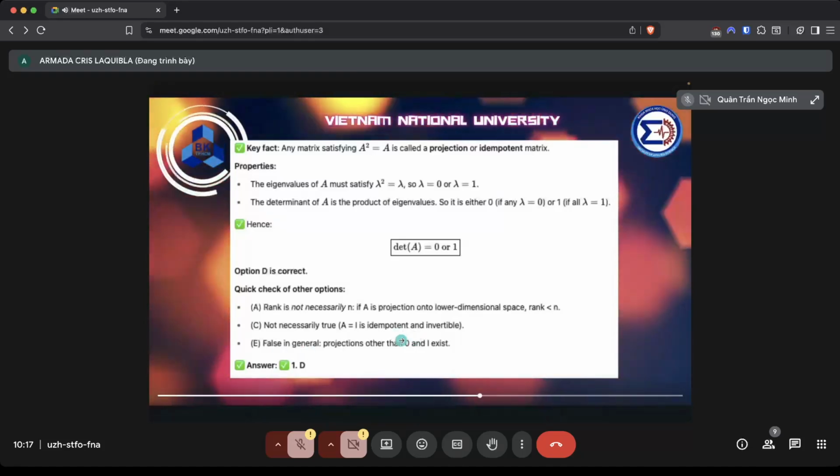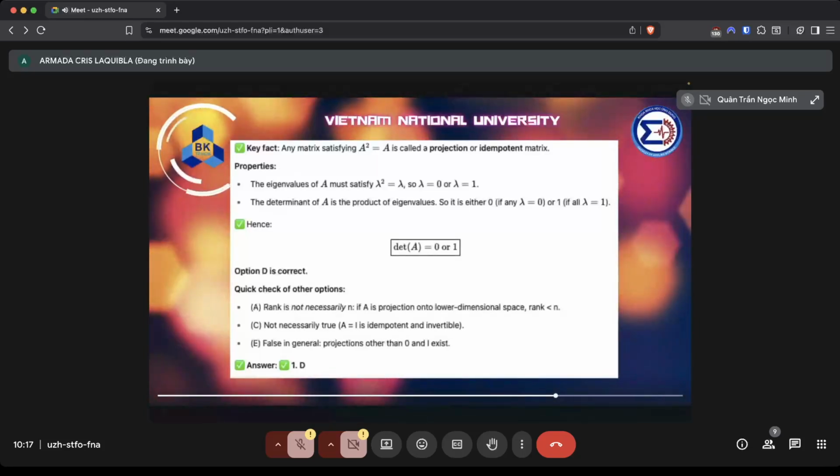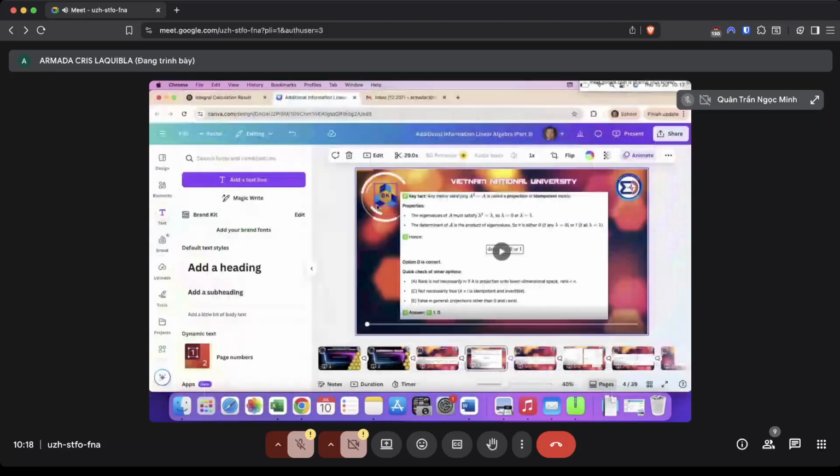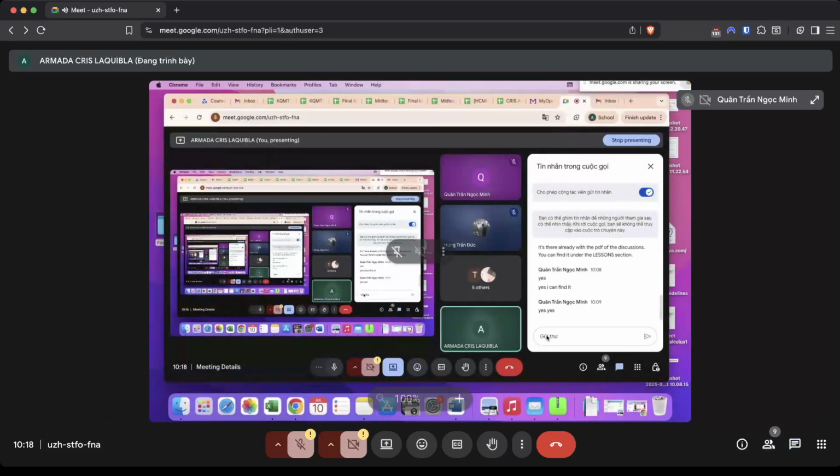Next, false in general. By the way, what is the inverse of the identity matrix? Can I ask you that question? Can someone answer it in the chat box? Please go there now. What's the answer? Hello, no one is answering. Do it fast, please. No, no, what's the inverse? Inverse of the identity matrix. Please answer it.